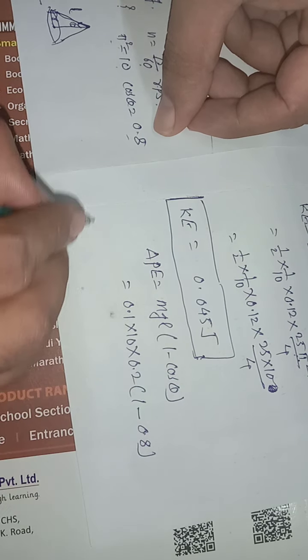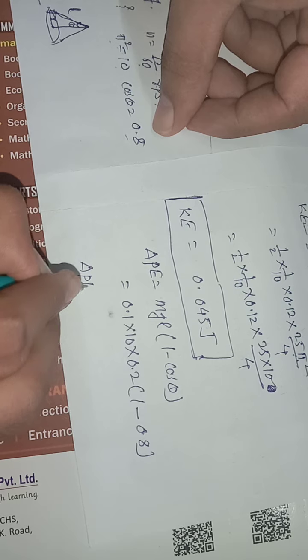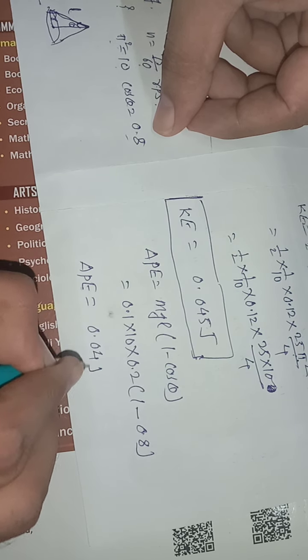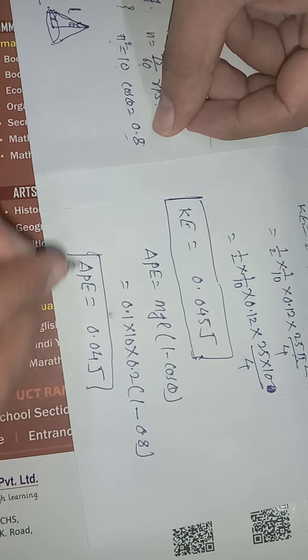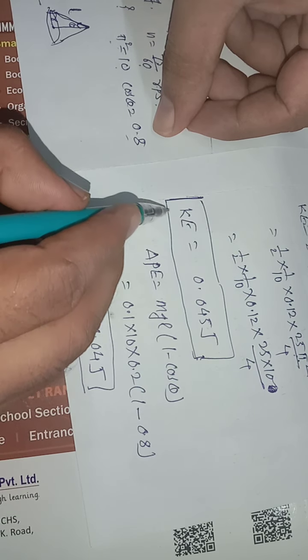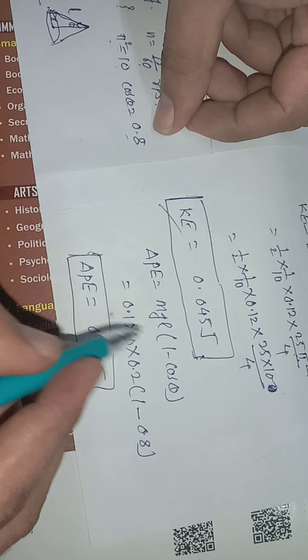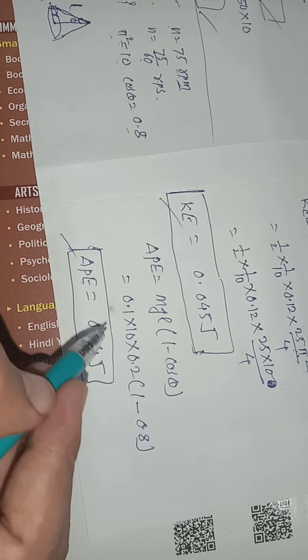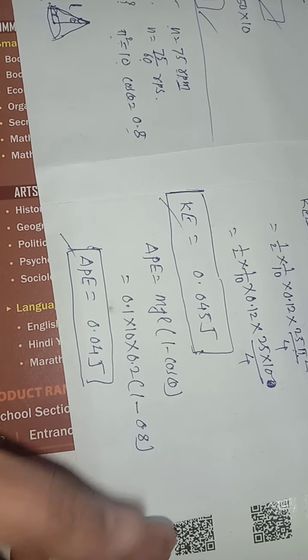When we calculate this, we get the increase in gravitational potential energy is equal to 0.04 joule. This is our second answer. The first answer is kinetic energy, and the second is the increase in gravitational potential energy.